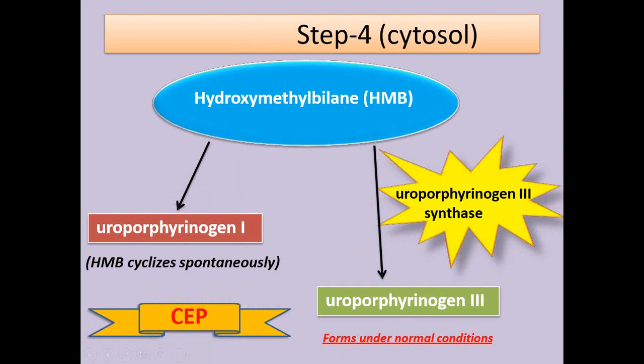Then at step 4, hydroxymethylbilane can be changed spontaneously into uroporphyrinogen 1, or by the enzyme uroporphyrinogen 3 synthase, it can be changed into uroporphyrinogen 3. This is formed under normal conditions.